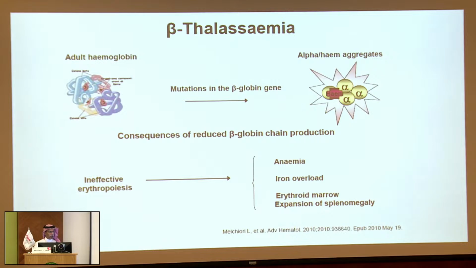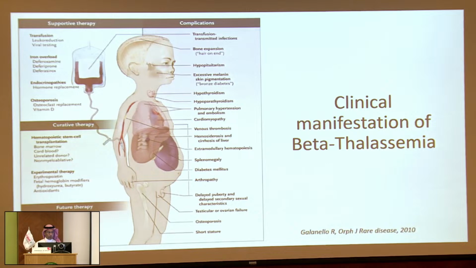In addition, it leads to extramedullary hematopoiesis and further on. As you can see in this picture, this child is affected in different ways due to the disease itself and due to the treatment, which is blood transfusion with iron overload.